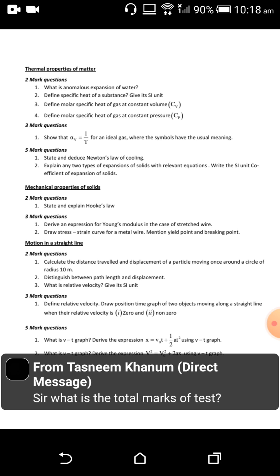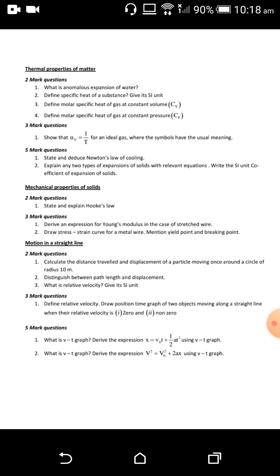The test is conducted for 25 marks. Hence I suggest you go through the entire chapter in case you want to score full marks, or else if you want to score more than 20, please go through the entire chapter.